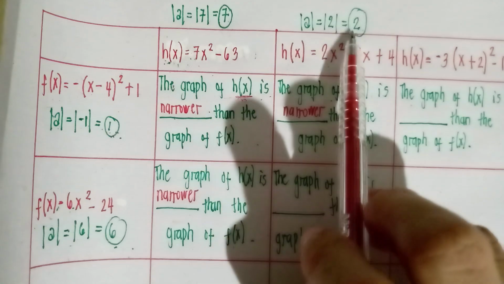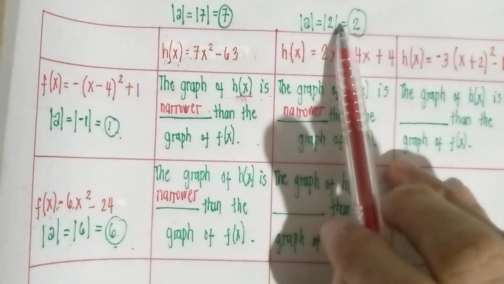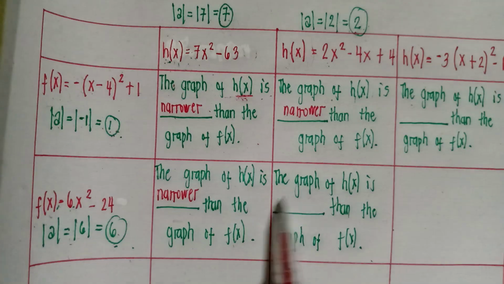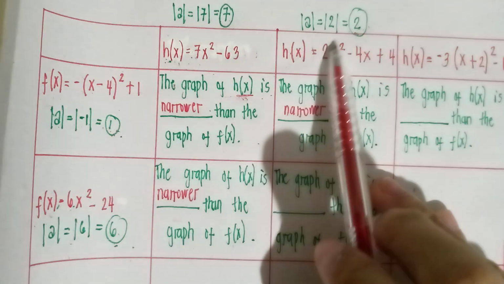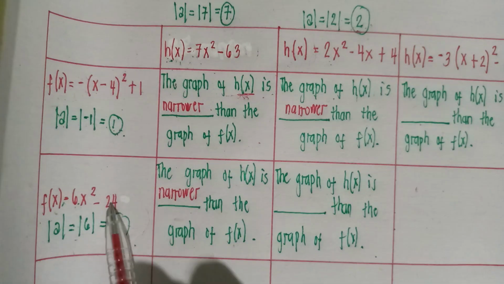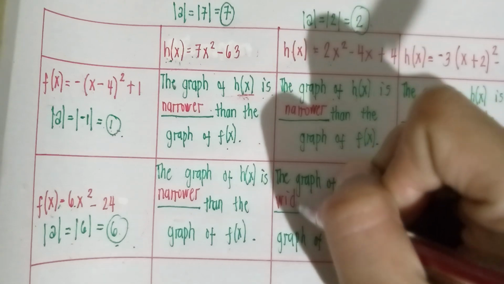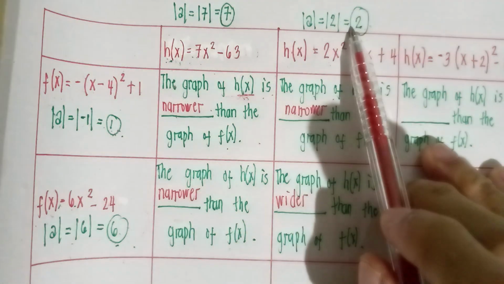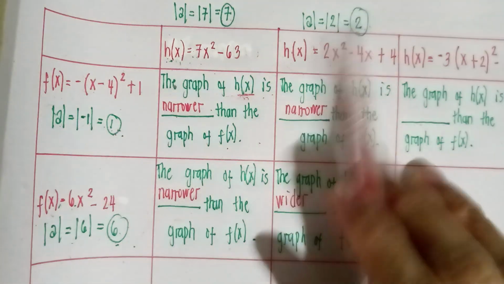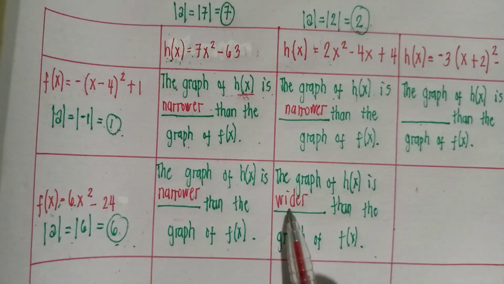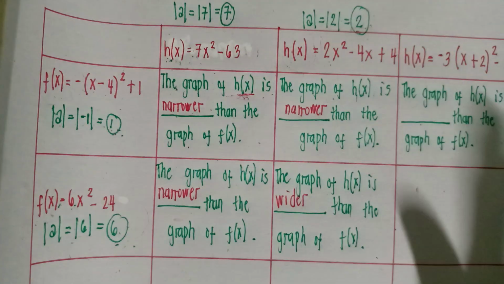We identified the absolute value of a for h of x, that is 2, and here 6. Since 2 is smaller than 6, the answer is wider, because the absolute value of a of h of x is smaller. If the absolute value of a is smaller, wider.